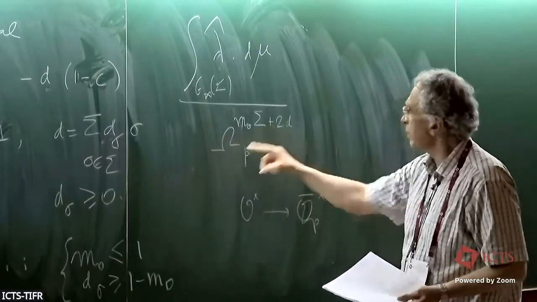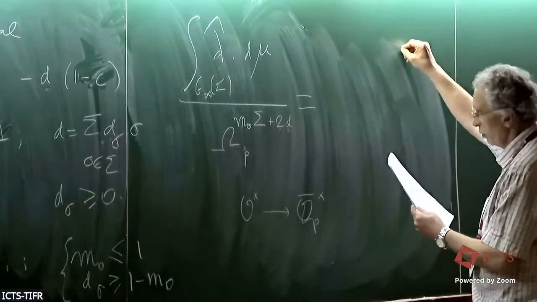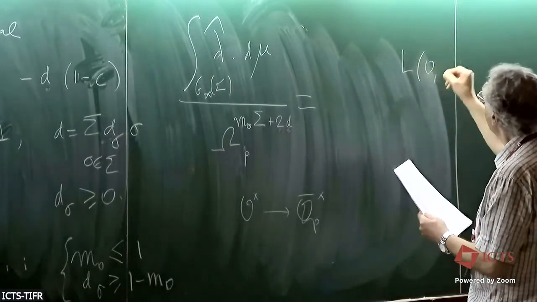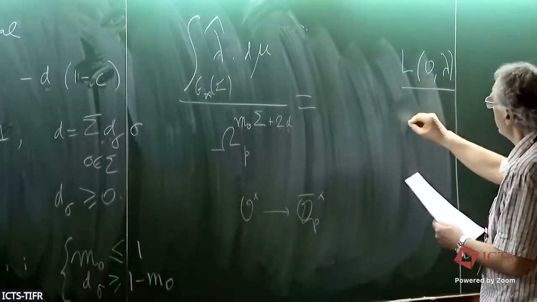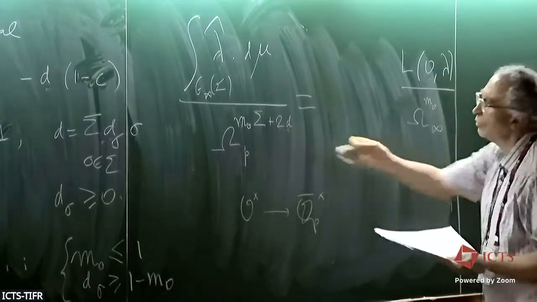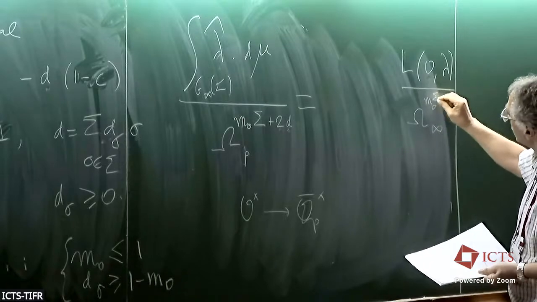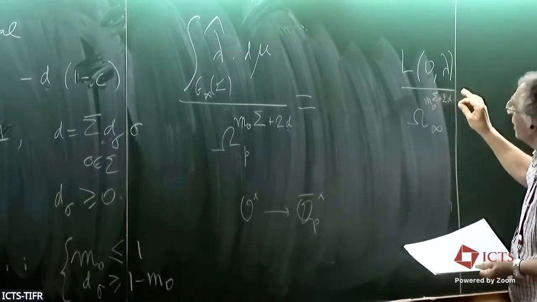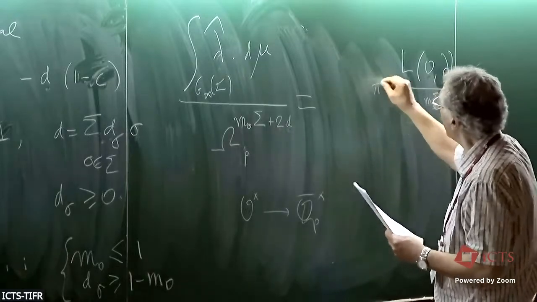So this defines the p-adic character of O cross. So it makes sense to form this product, and so it will be given by the L value L0 lambda, divided by omega infinity to the same power, except that here there is an iota p and here there is an iota infinity, M0 sigma plus 2D, times some factor, also there is a power of pi.